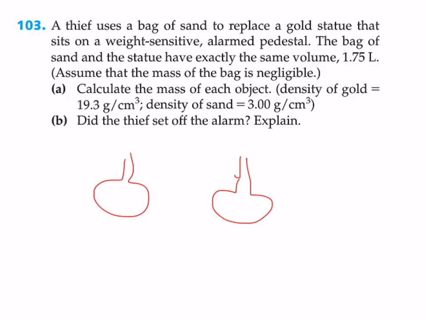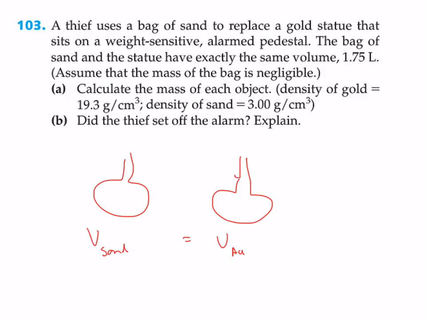The volumes are equal, so V of sand equals V of gold. The problem is the densities are different. Which one's more dense? The gold is much more dense, yeah.